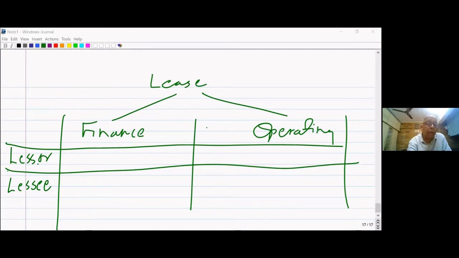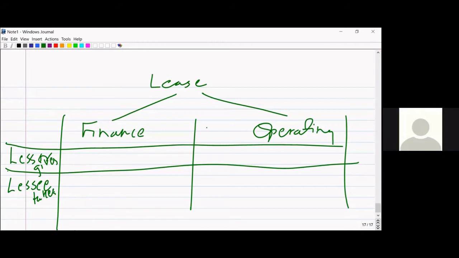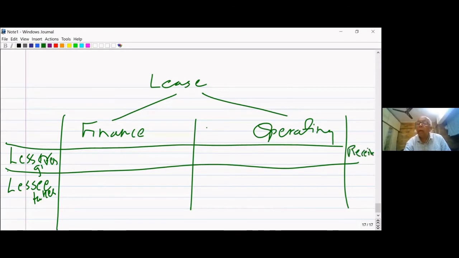So lessor gives on rent and lessee takes on rent. So who pays the rent? Lessee. And who receives the rent? Lessor. So he receives and he pays.